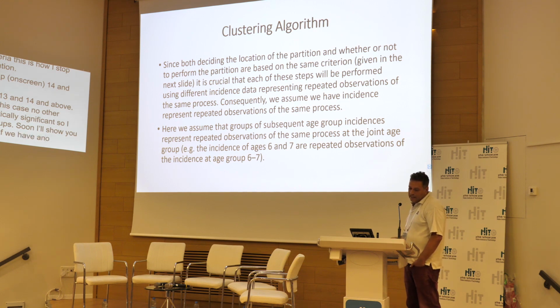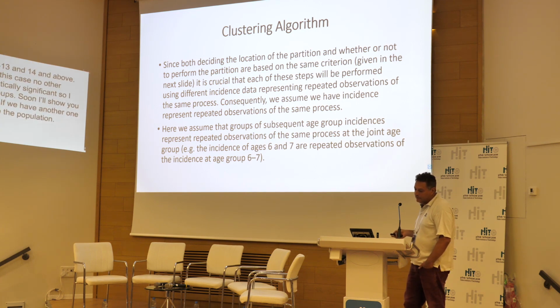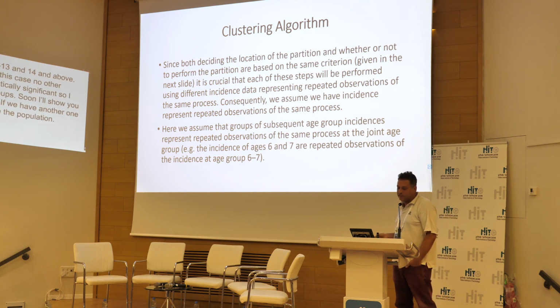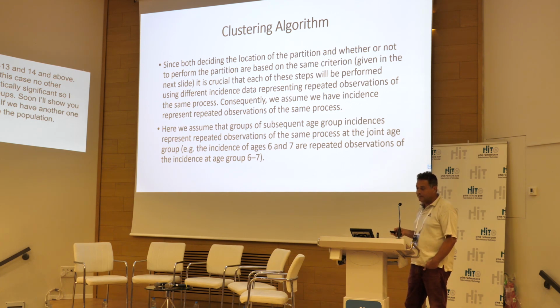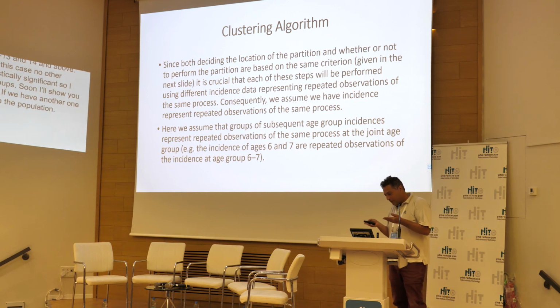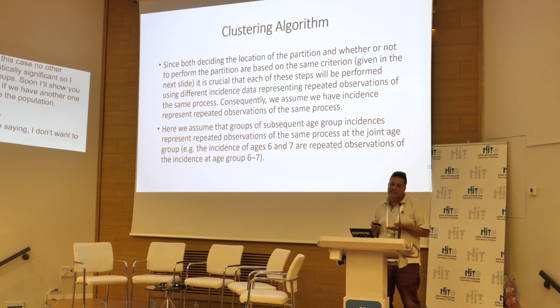Okay. And so since deciding the location of the partitioning and whether or not to perform the partitions are based on the same criterion, and I'll show you in a second the criterion, it is critical that each of these steps be performed using different incidence data, representing observations of the same process, okay? So I don't want the same data, I don't want to overfit, so therefore I want to split my data into two.